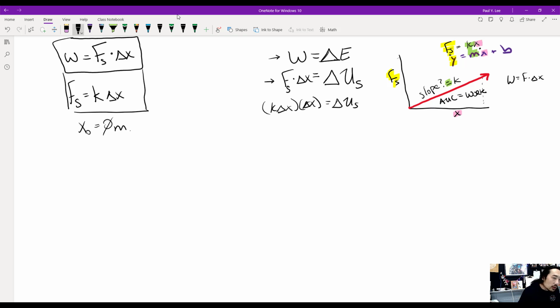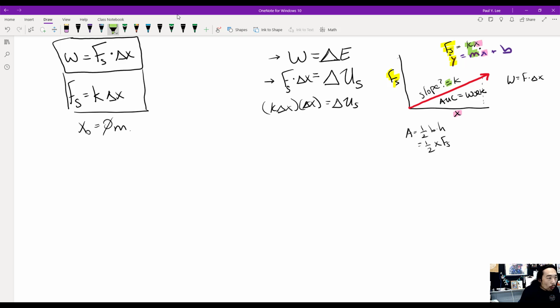If I were to ask you, what shape do we see here? Hopefully you all can answer, that's a triangle. The formula for the area of a triangle is 1/2 base times height. So 1/2 our base variable is x, and our height variable is the force of the spring. And would you look at that? That almost looks like what we have here.